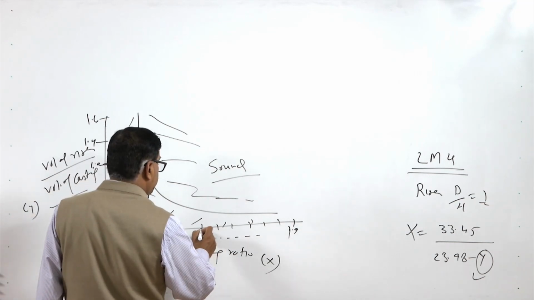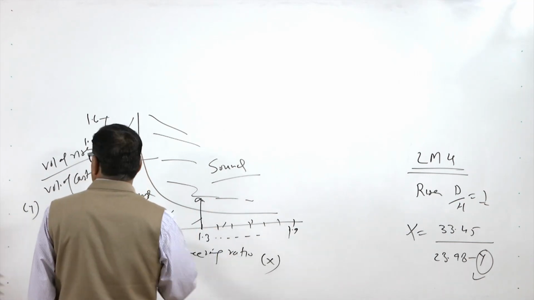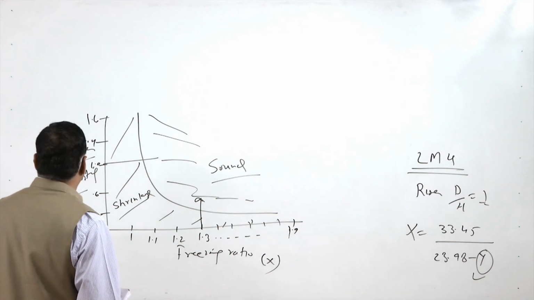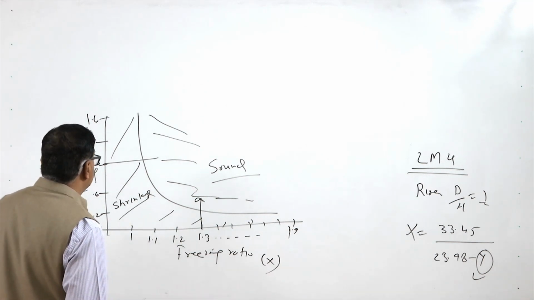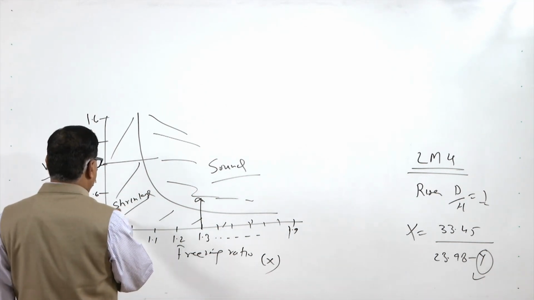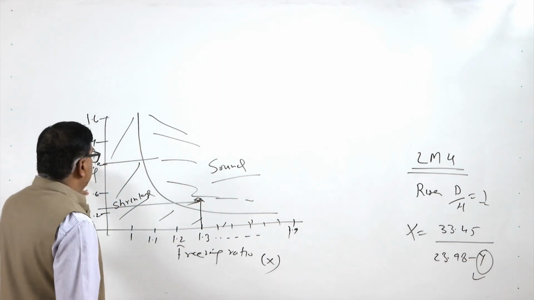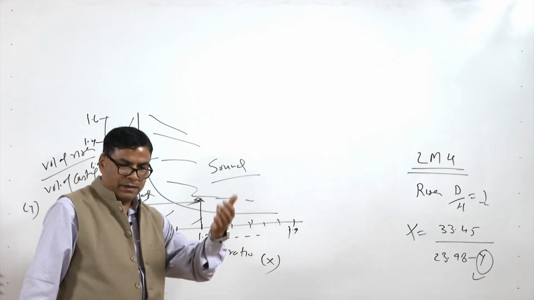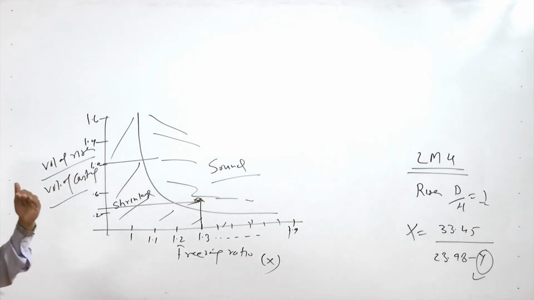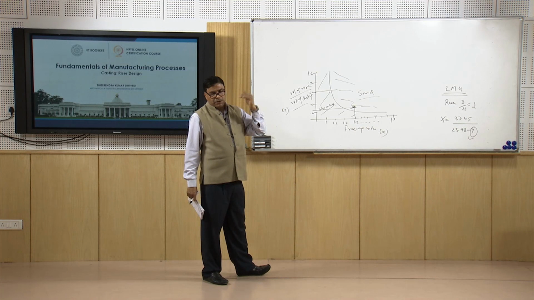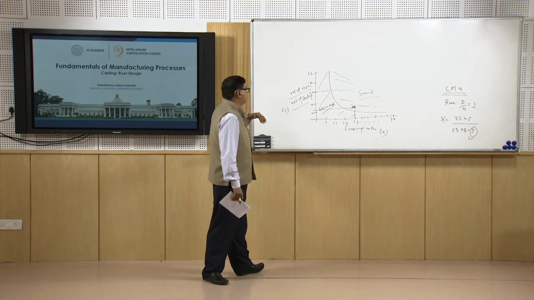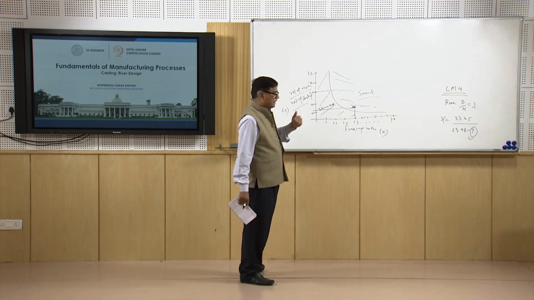So, if the freezing ratio is high, then even a low riser volume to the volume of the casting can be used, and this will help in increasing the yield, because it is the ratio of the molten metal in the riser to the volume of the metal in the casting.